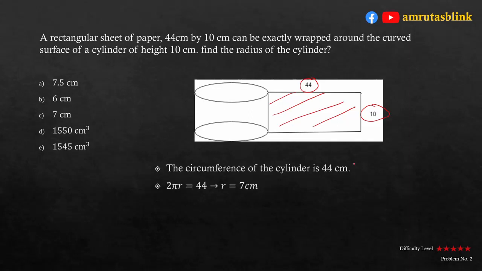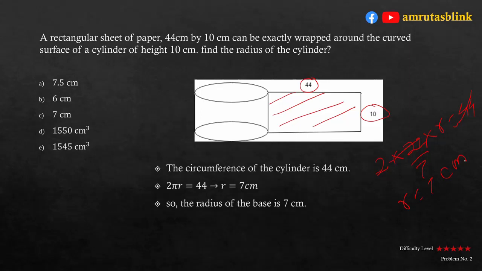Now we know the formula for circumference, that is 2 pi r, and hence 2 pi r, that is 2 into 22 by 7 into r, is equal to 44. So 2 and 22 gives 44, this gets cancelled and simply r is equal to 7 centimeter. So the radius of the base of the cylinder is simply 7 centimeter.